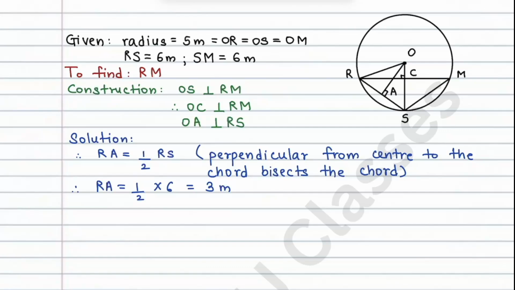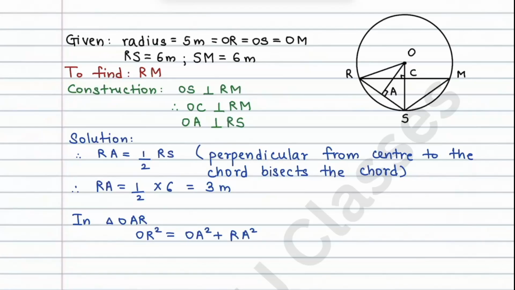Now consider triangle OAR. In triangle OAR, because angle A is 90 degree, it is a right angle triangle. So we can use Pythagoras theorem. So in triangle OAR, hypotenuse, which is side opposite to the 90 degree, OR in this case, OR square is equal to OA square plus RA square.